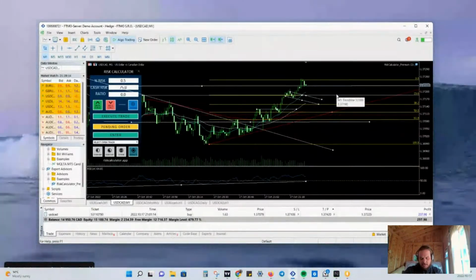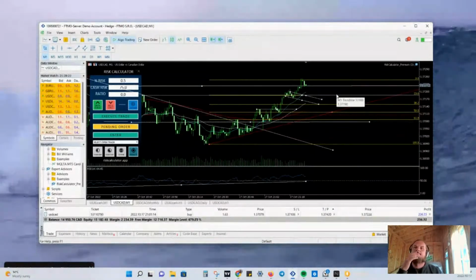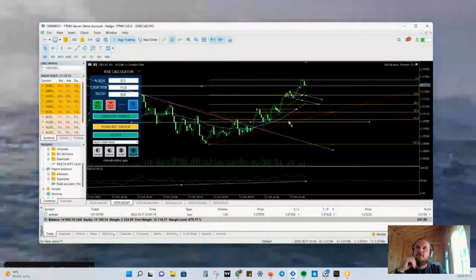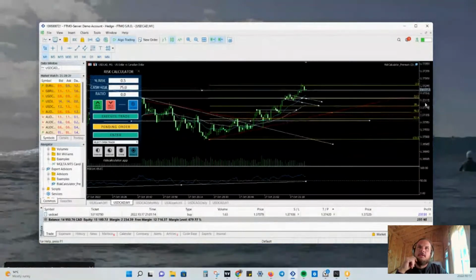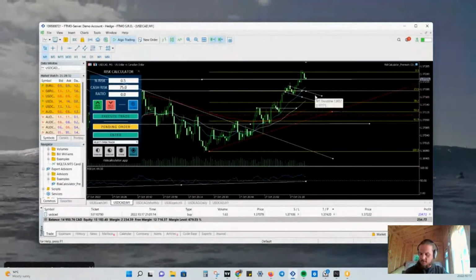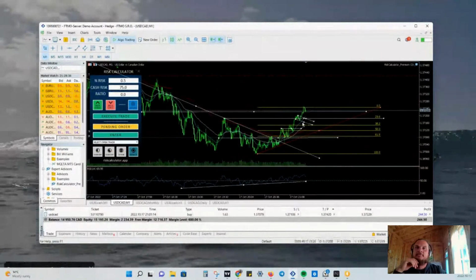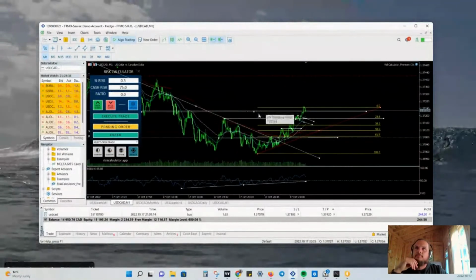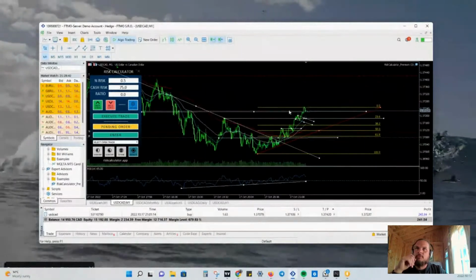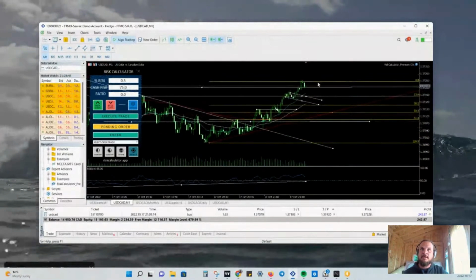My stop loss is there just in case the market goes. Yes, I would be disappointed, but I followed my rules. I stuck with my plan. If you want to win, you need to be able to ride these up. So this would be a retest, a nice retest if we get a little bounce off here.